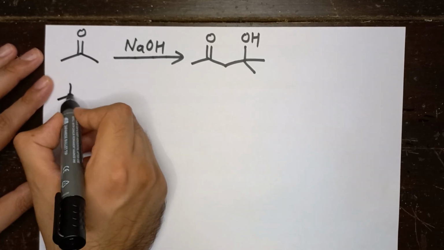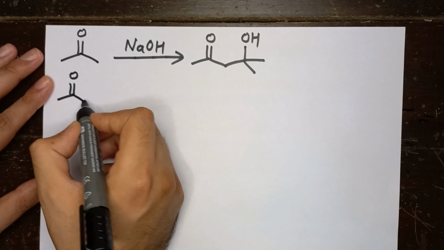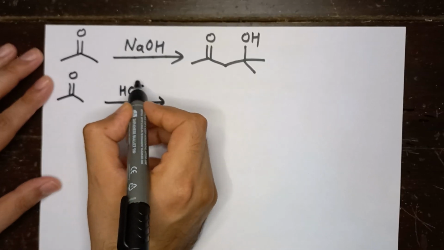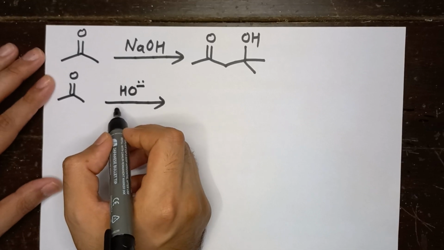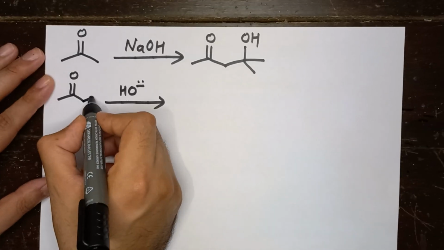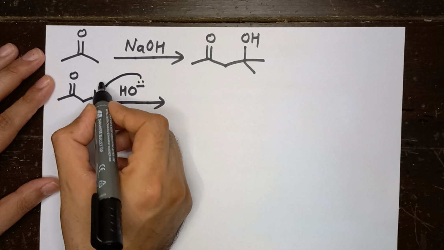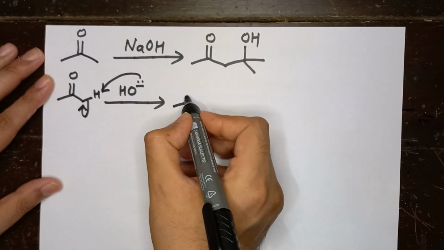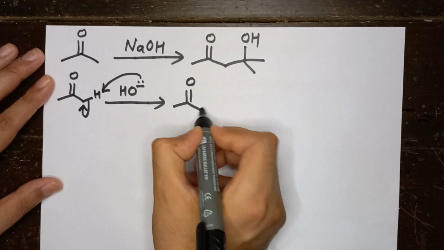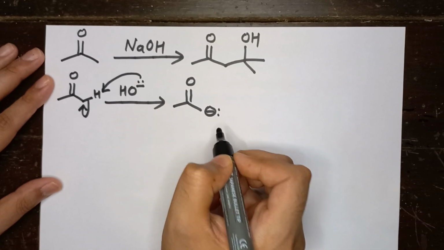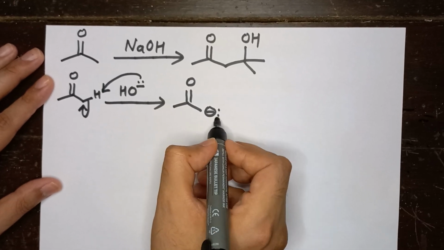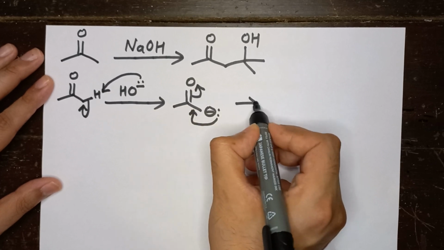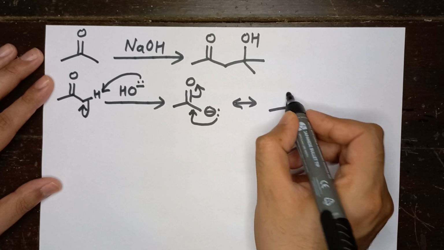So this is my acetone and we are adding sodium hydroxide, that will give me hydroxide ions as a base, and this base will grab this acidic proton and will generate a carbanion at this carbon. Now this carbanion can go under resonance with this carbonyl and can generate an enolate ion.